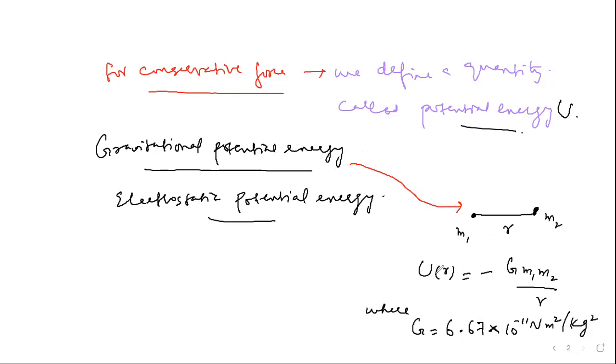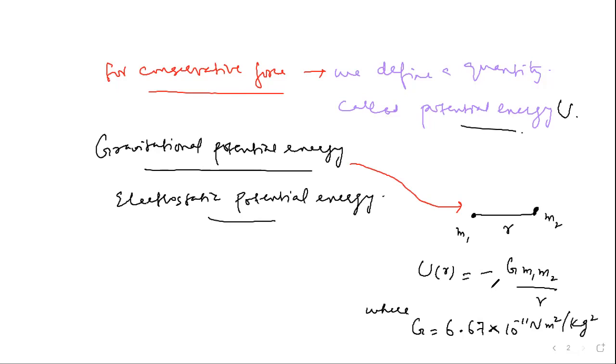So gravitational potential energy is negative. That means the gravitational force is attractive. There is no gravitational repulsion, only attraction, so gravitational potential energy is only negative.